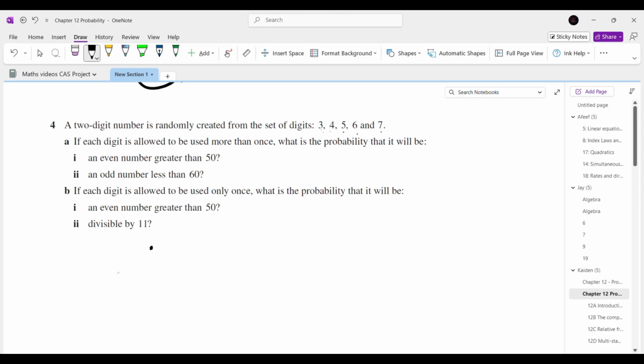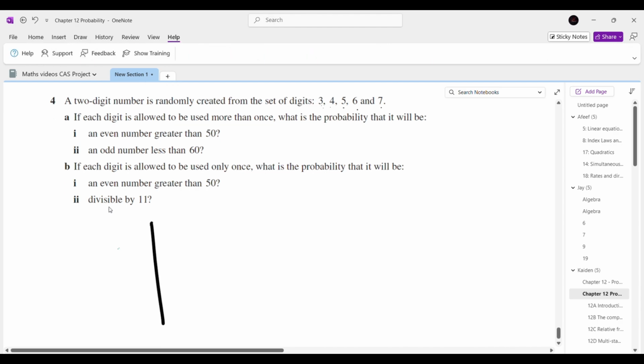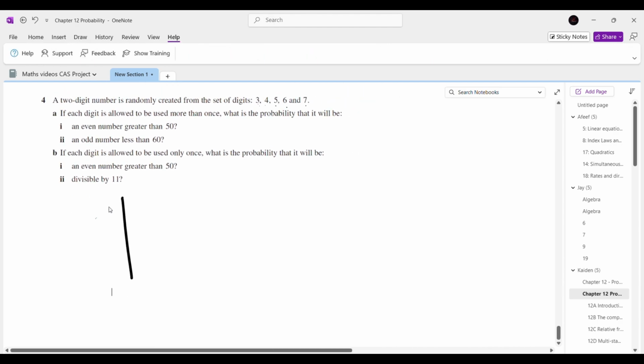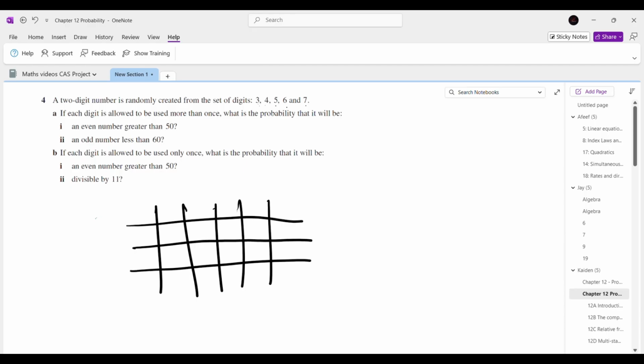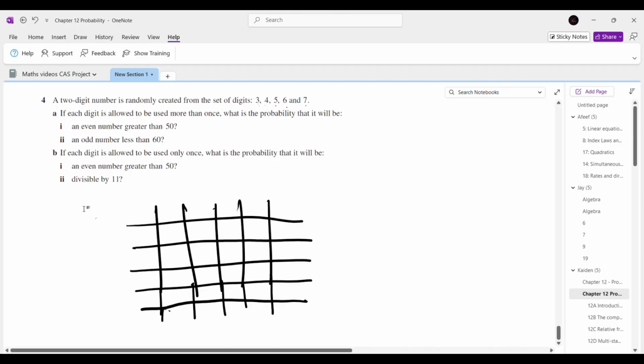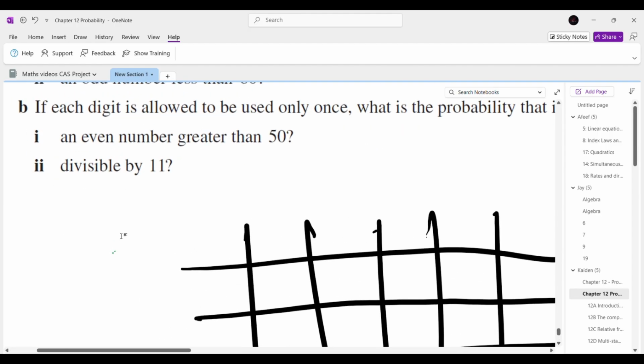So let me just draw up a table. This should be good. There we go. Alright. So this is our first digit.